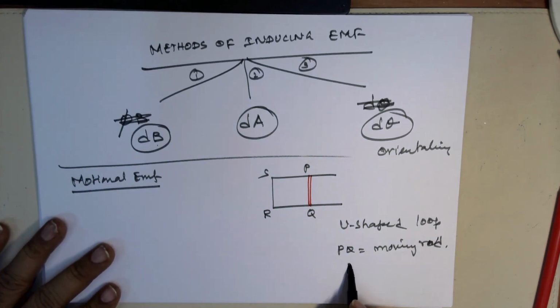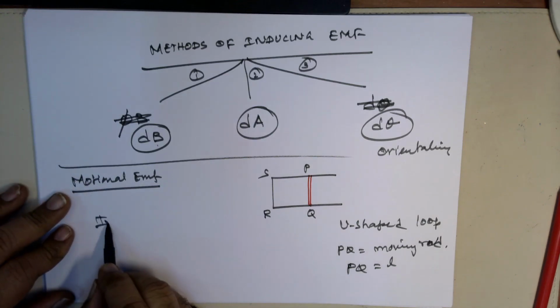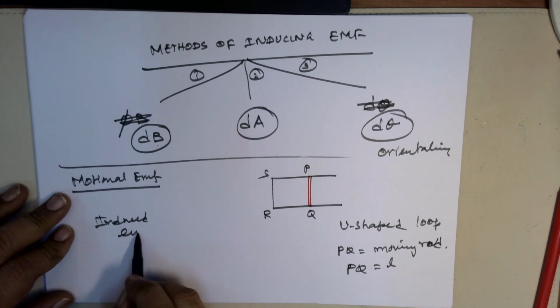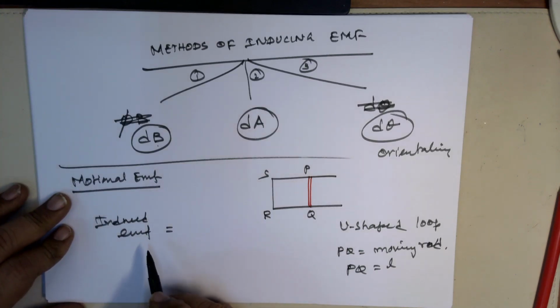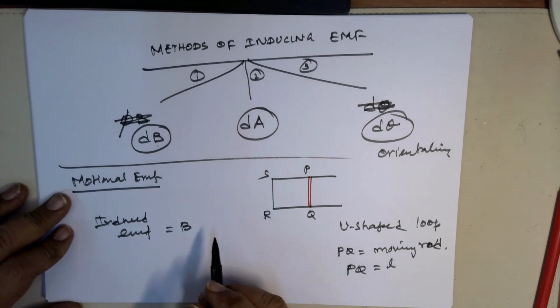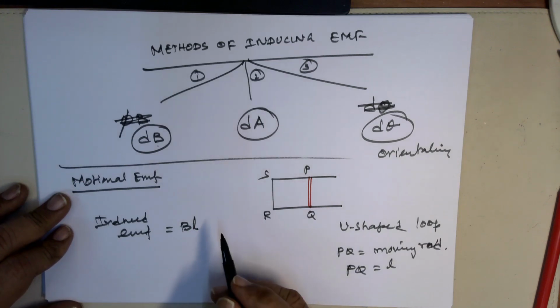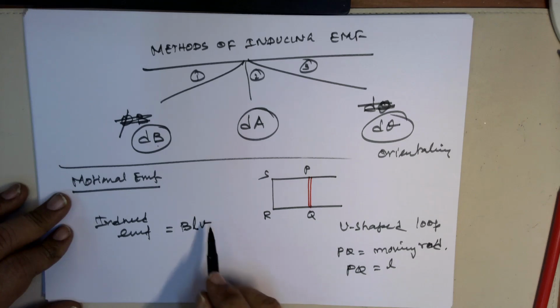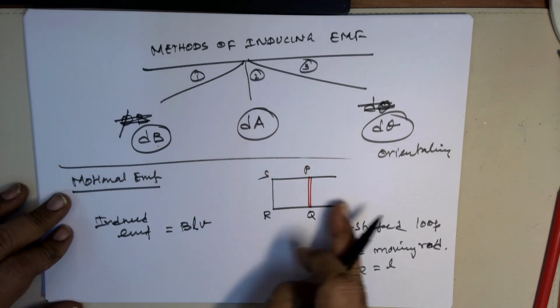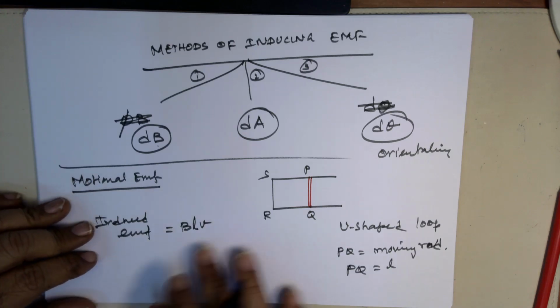So this PQ is of length L, the length of the rod, and the induced EMF is equal to how much magnetic field is applied, what is the length, and how fast the rod is moved, that is the velocity of the rod.